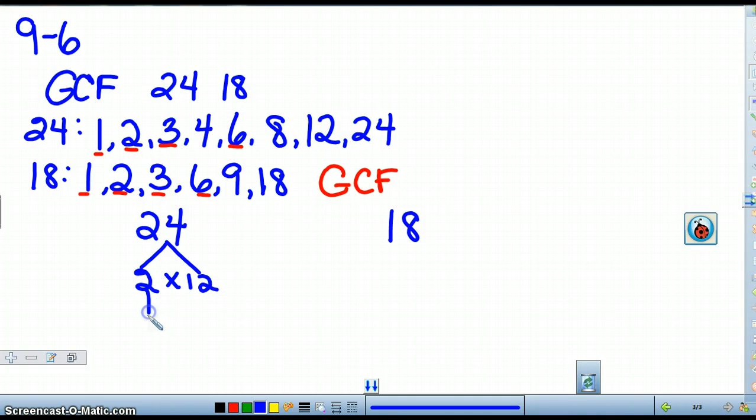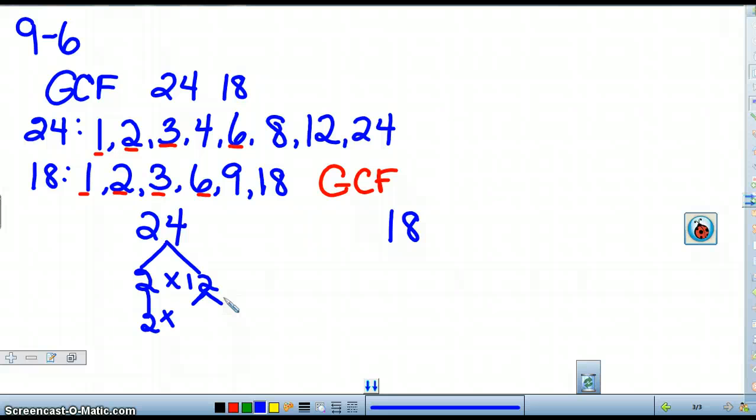Okay. 2 is prime. 12 is not. There are many numbers I can multiply: 3 and 4, 2 and 6. Does it matter?